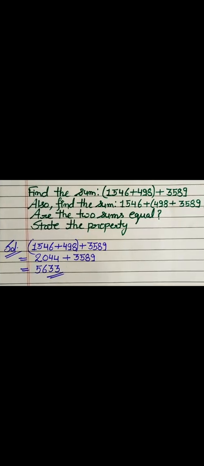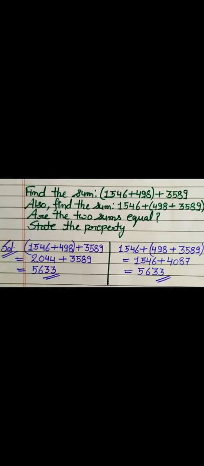As we know, according to the BODMAS rule, first we solve the bracket term. So after solving the bracket term, we will get 2044, and when you add 2044 and 3589, you will get 5633.